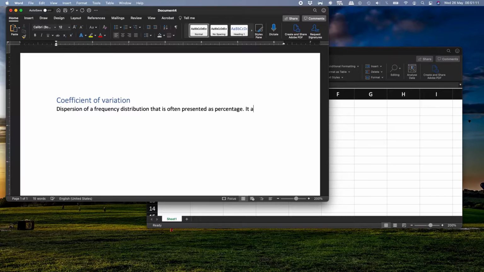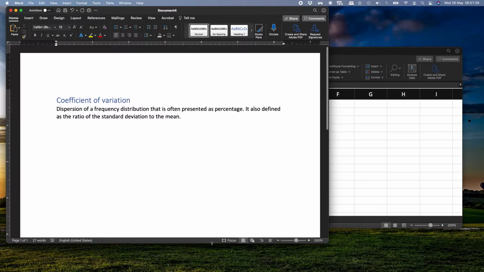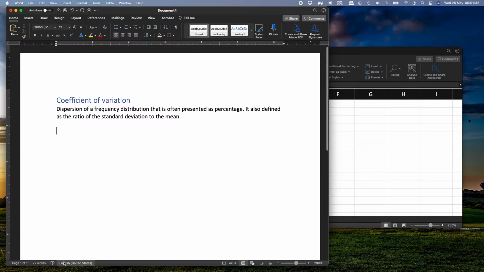Okay, it is also defined as the ratio of the standard deviation to the mean. Now this sounds pretty fancy, it sounds very dictionary-like, and it is, but we're going to give you a quick example of what this means.